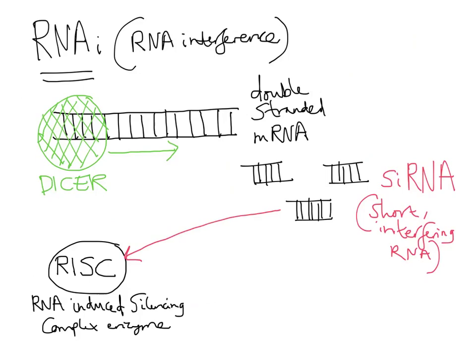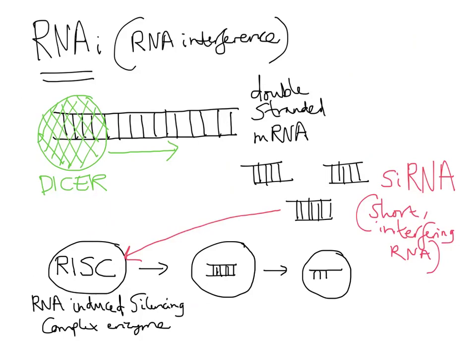So ultimately, if we were to draw it a bit further on, here's our enzyme. We have double-stranded short interfering RNA join, and then half the strand moves away. So we're left with only a half strand, looking a bit like this.